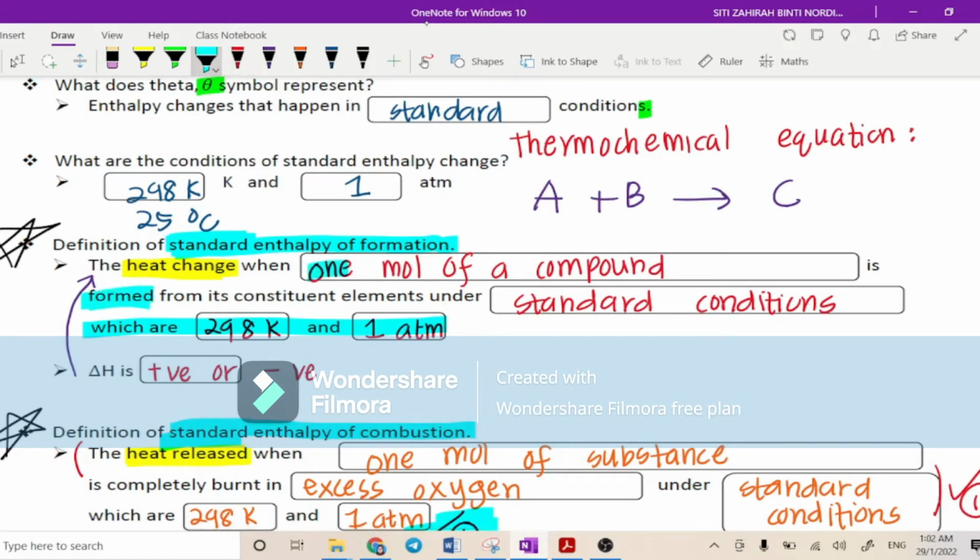Okay, 1 mole of a compound is formed. So you're going to make sure that C has 1 mole of product.